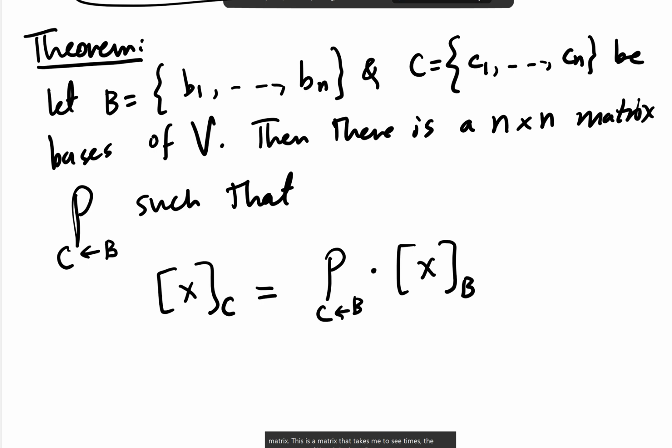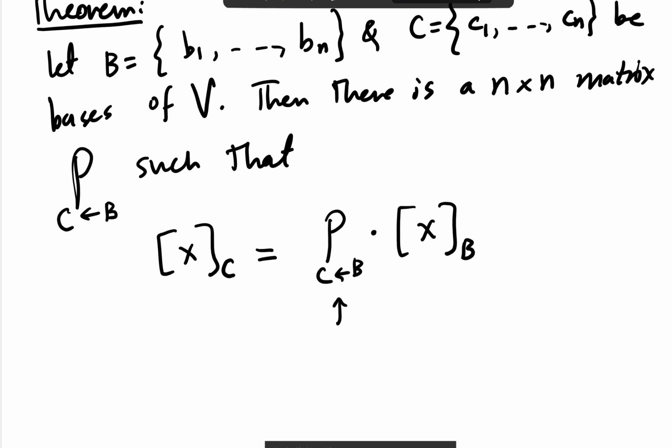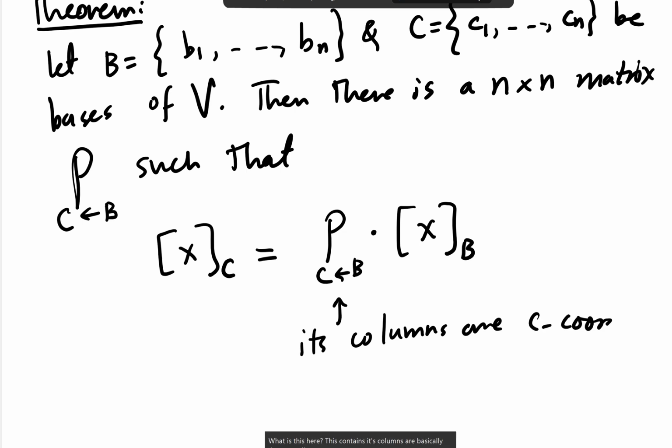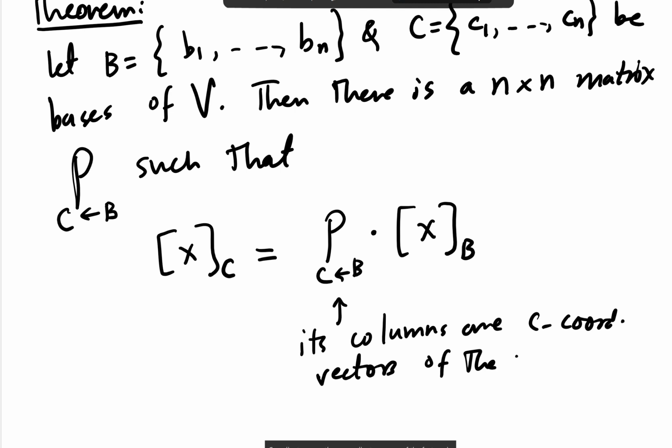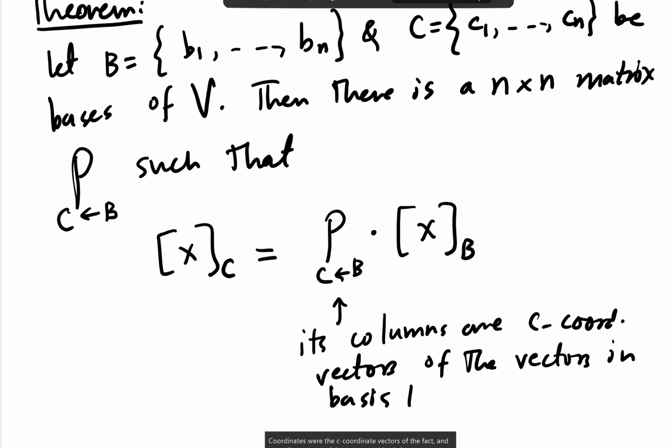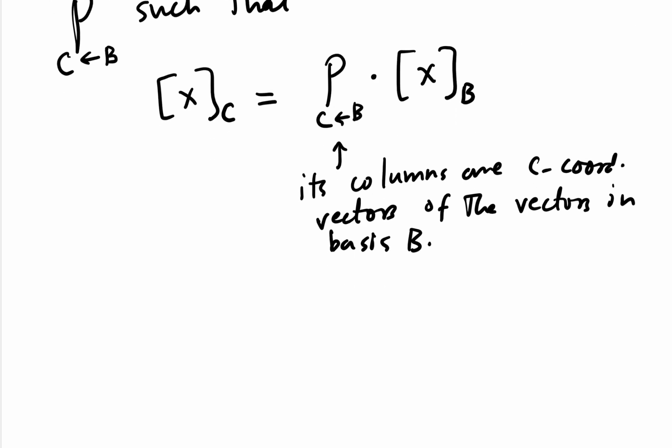So what is this here? Its columns are the C coordinate vectors of the vectors in basis B. What does this mean?